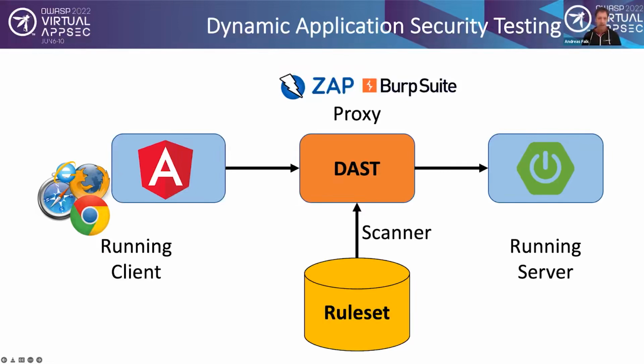And the active scanner just tries to attack the application using the well-known URLs you have identified, trying SQL injection attacks, cross-site scripting attacks, and all the stuff that you know about from the OWASP top 10.